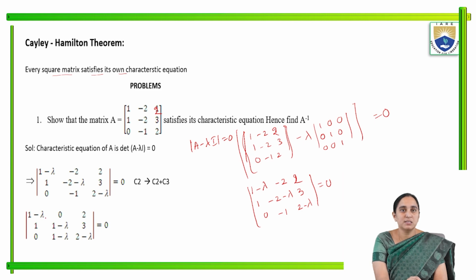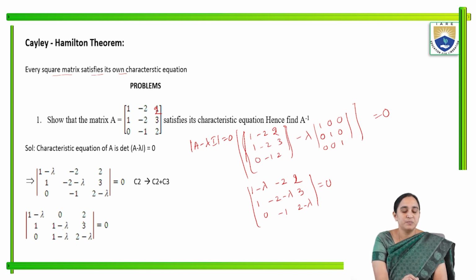Minus 2 plus 2 gives 0, and the next element, minus 2 minus lambda plus 3, gives 1 minus lambda. The next one, minus 1 plus 2 minus lambda, gives 1 minus lambda. The third column has no changes: 3, 2 minus lambda.